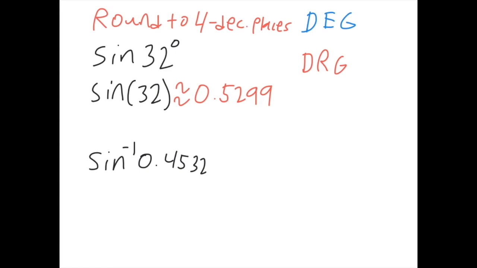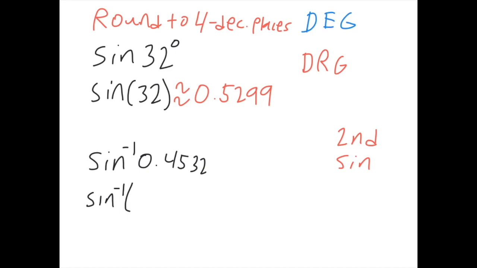So on your calculators, on my calculators at least, and on graphing calculators, you want to press a button that says second. And then after you press that button, you press the sine button. And that should give you sine to the -1, and I'll have a parenthesis there.